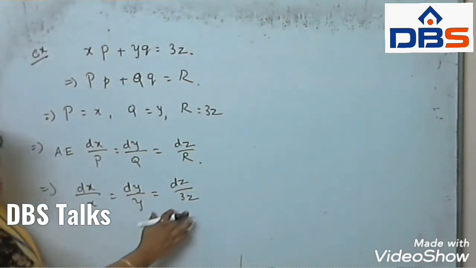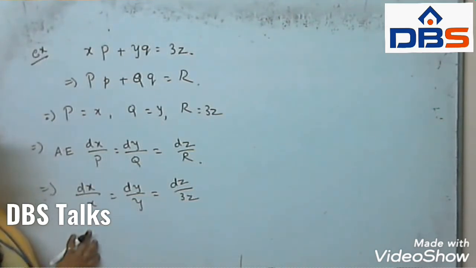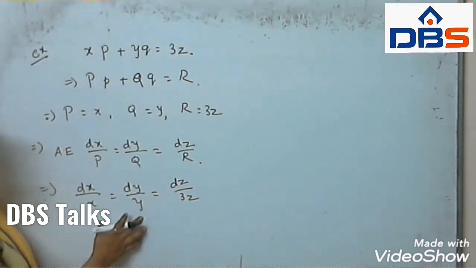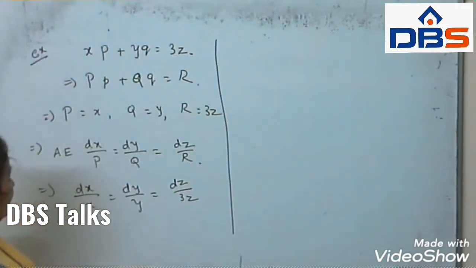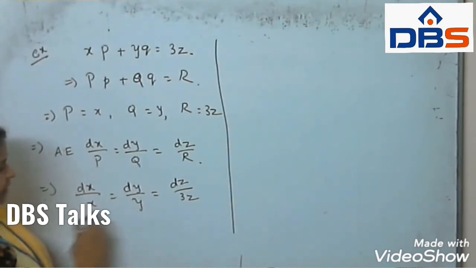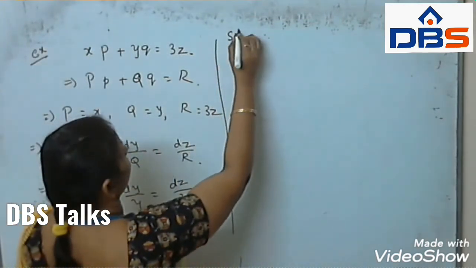So these are the auxiliary equations. First we have to check whether we can solve directly or not. If you can solve directly, you can go directly by considering the two ratios. Otherwise you have to go for multipliers. Now we can solve directly. Let us take the first ratio and second ratio. Solving 1 and 2.